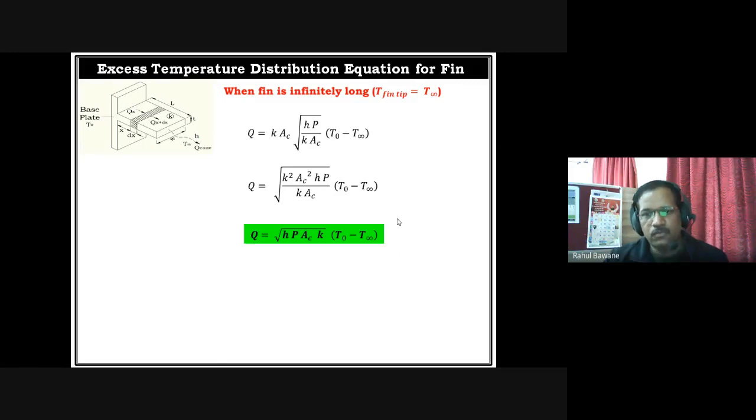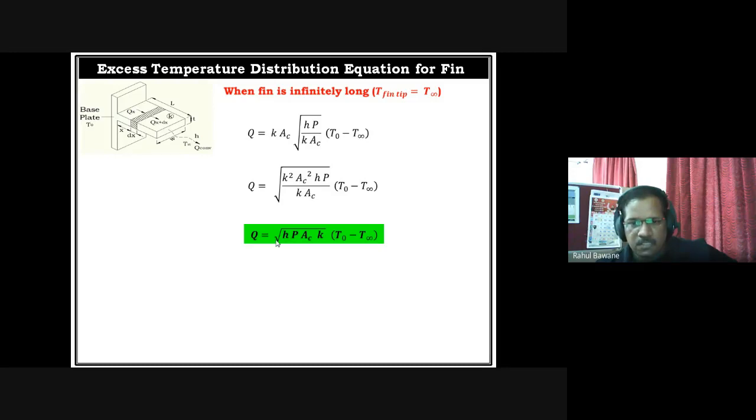But how to remember this? We do not pronounce it as q equals the square root of hP, cross-sectional area and thermal conductivity, multiplied by theta 0, which is nothing but T0 minus T infinity. We call it q equals hPkAc times T0 minus T infinity.